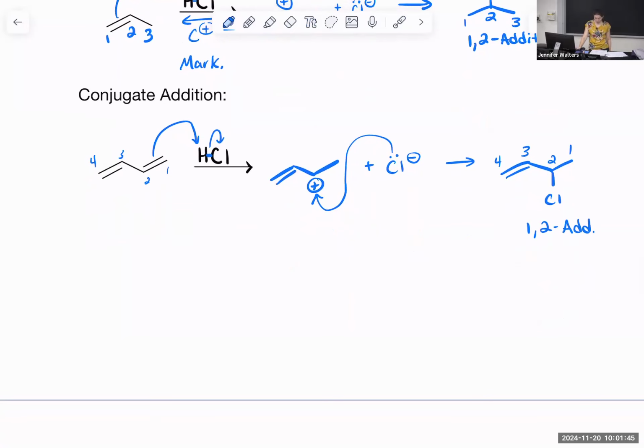What can also happen, though, is that this carbocation can be delocalized. So I can draw a resonance structure where I actually have a primary carbocation and an internal alkene.